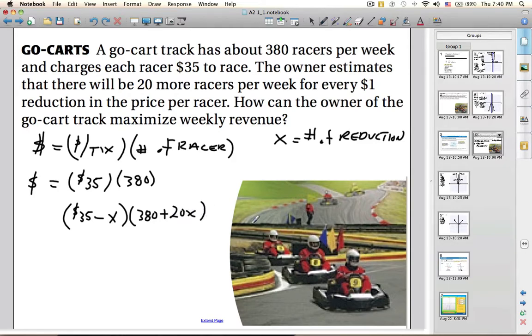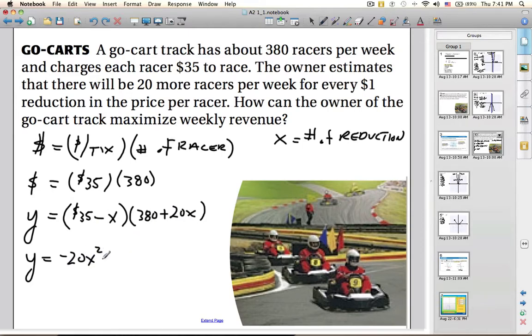Okay, and when we solve this out, if I multiply this all out, I'll end up with my equation in standard form. So y will be equal to, if I use FOIL, and I'm actually going to reorder this a little bit because right now my x's are last, and I want my x squared first. So negative x times 20x would be minus 20x squared.